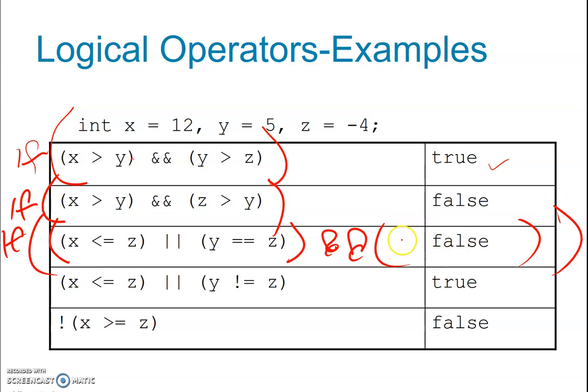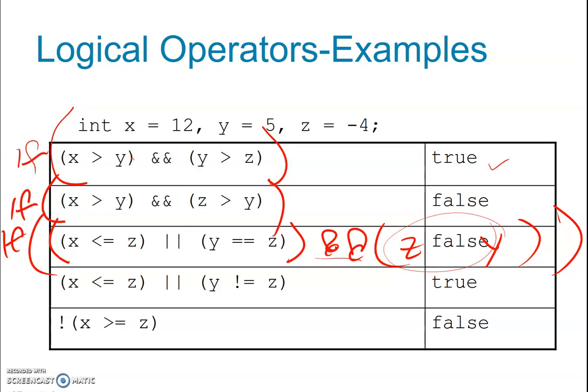I could put another expression in here of some sort with the idea that it will evaluate this as a whole first, and then it will append this whole result to this single result over here. So they both would have to be true. The or statement would have to be true along with this single statement here for the whole thing to be true. So there are a lot of convoluted ways to create these. I caution you when you want to do multiple logical statements in a test expression, because it can get a little dicey.